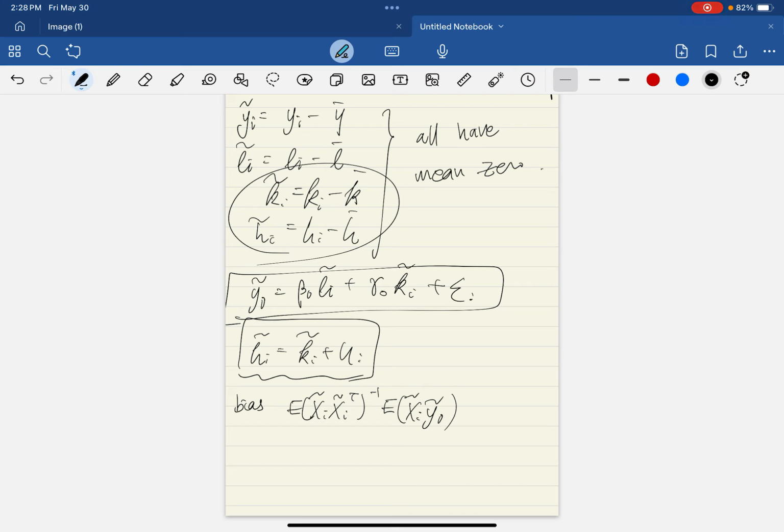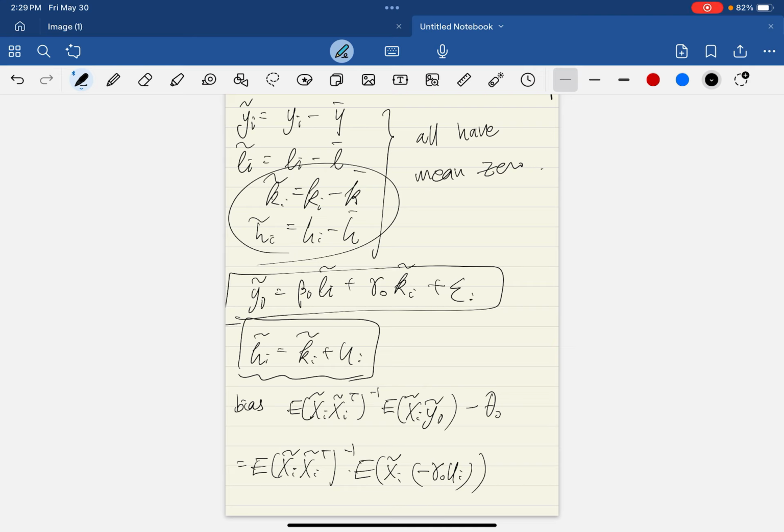So just replace everything with tilde and then repeat pretty much the same algebra, and you are going to get this minus theta 0 will look like the expectation of x_i tilde times minus gamma 0 u_i, right?